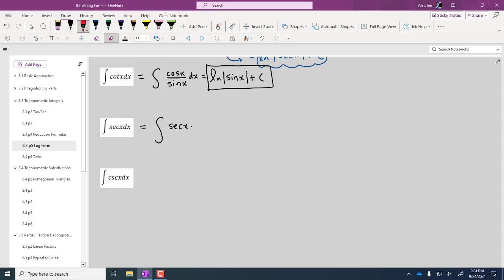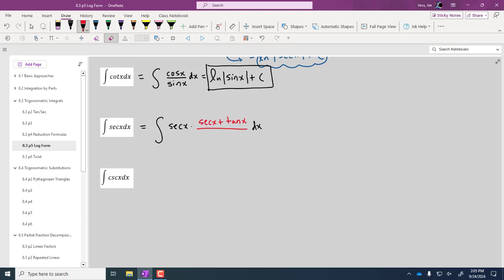But we need to multiply by 1 in a way that actually is kind of clever. So here's how I remember what to multiply by. What is the derivative of secant? Secant x tan x. Secant times tangent, and so that's in my mind, secant times tangent, and I'm going to turn the times into a plus.